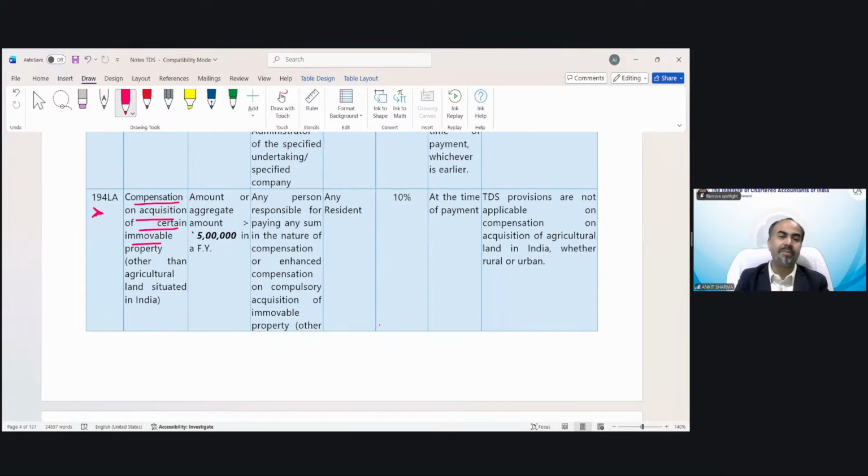Who will tell me the section for transfer under compulsory acquisition? The provision you must have gone through for compulsory acquisition.